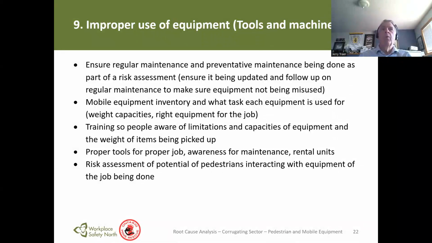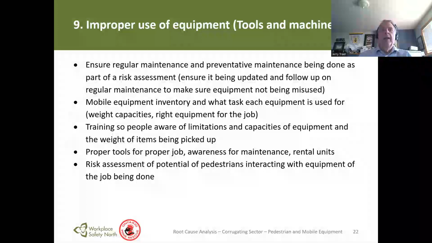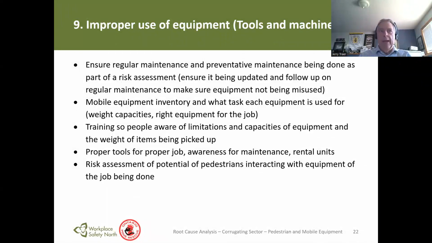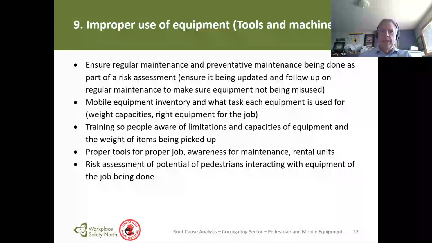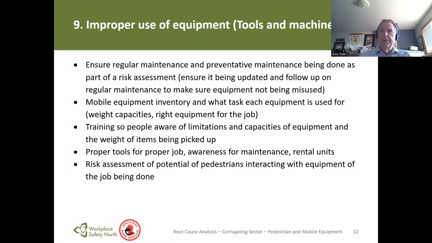Training, so people are aware of the limitations and capacity of equipment and the weight of items being picked up. Having the proper tools for the proper job, awareness of maintenance, rental units, risk assessment of potential of pedestrians interacting with equipment of the job being done. So using all of these tools and equipment to help with this interaction.